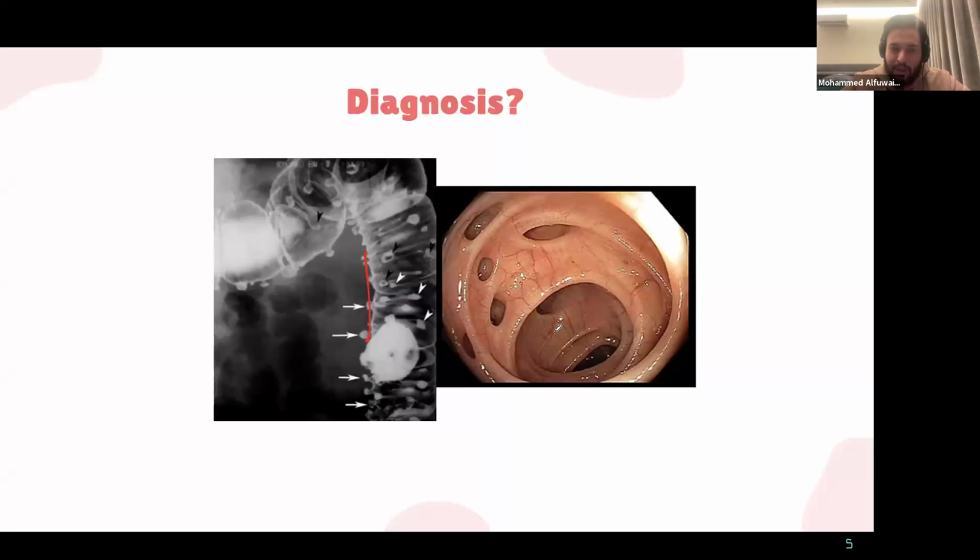Okay. The second most common cause is angiodysplasia. It's in the GI bleed lecture and in the miscellaneous large bowel disease lecture. Not important. Just remember the most common cause of lower GI bleed is diverticulosis.